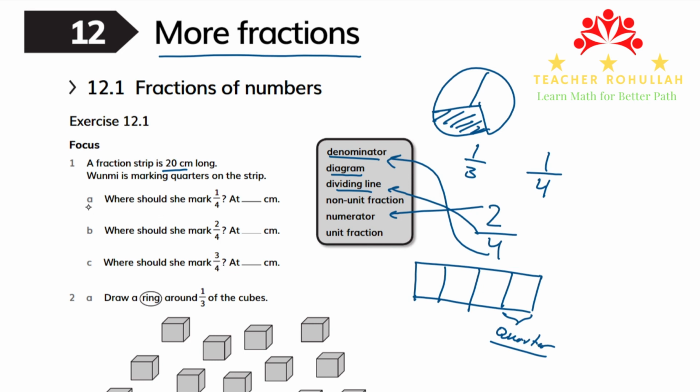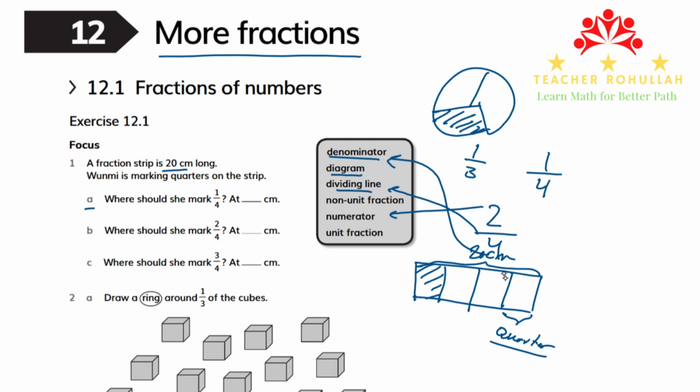The first question, which is question A, says, where should she mark 1/4? For example, if this whole strip is 20 centimeters, 1/4 is this part.